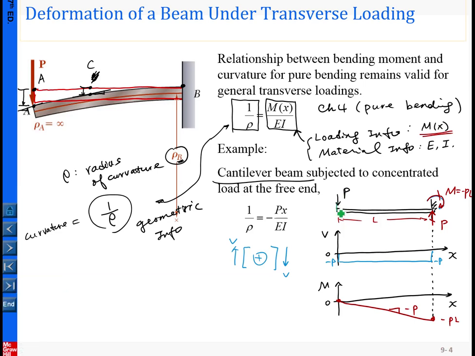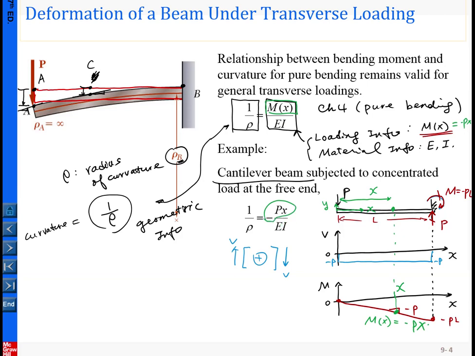For example, here is the X and here is the Y. At any location, for example at this point, the distance from the origin is X. So in this case, you can see the moment as a function of X equal to minus Px. So basically from here it is minus Px. You plug in here M of X equal to minus Px, and that is the one here.